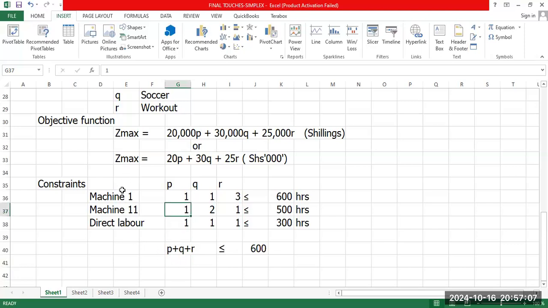Because we are told that the machine 1 hours available per day. Yes, please. R times 3 is not R, it's 3R. Yes, thank you.